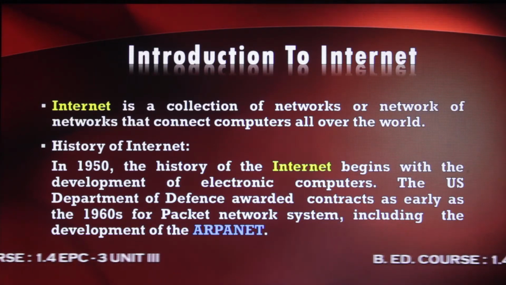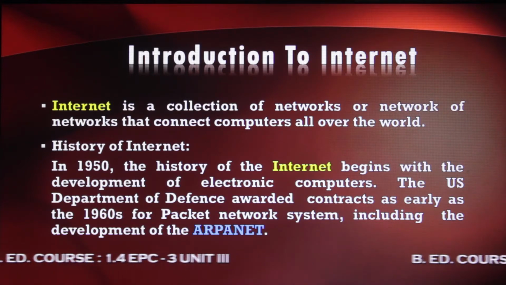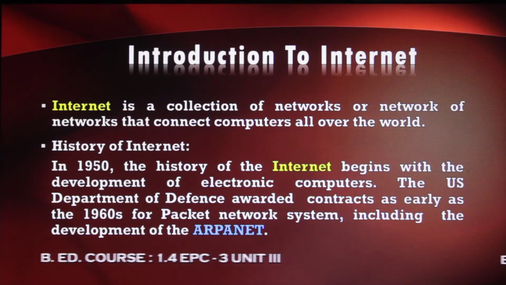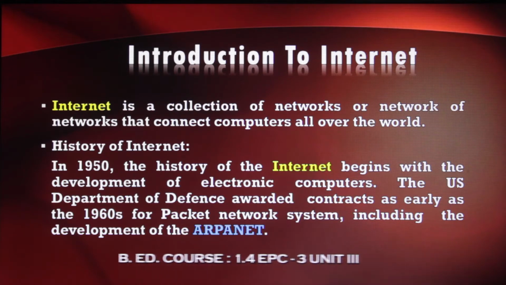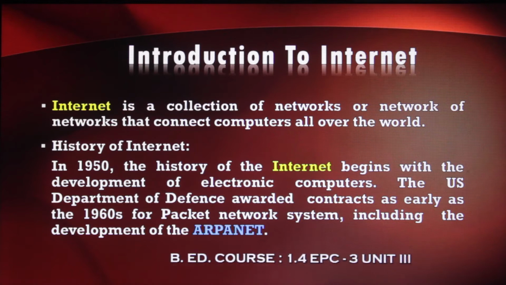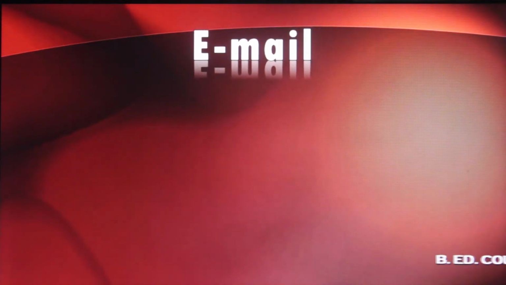The US Department of Defense awarded contracts as early as the 1960s for a packet network system. This is how it starts, including the development of ARPANET, and this is the first historical starting of the Internet.